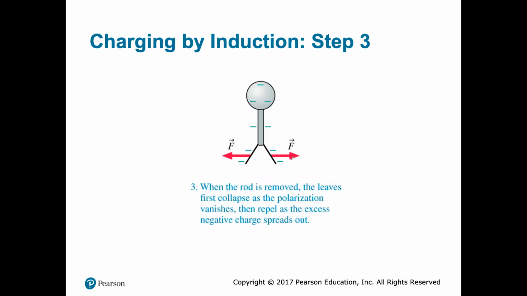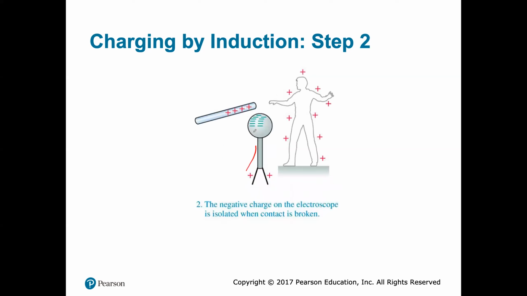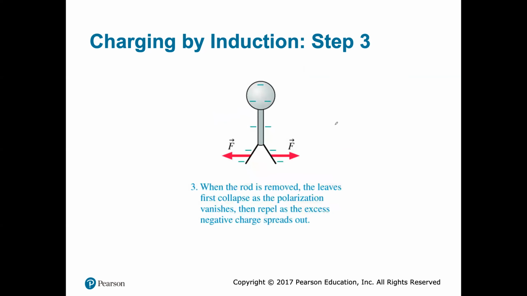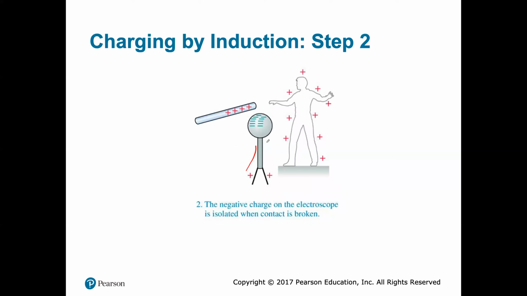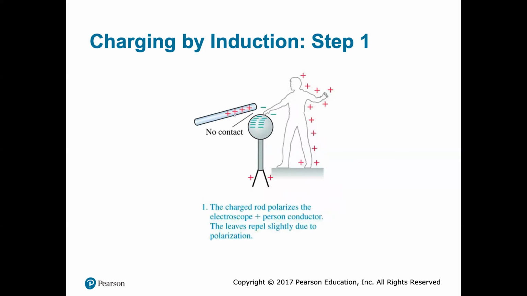And now if you take away all of the external devices like the rod and the human body, the whole device is charged by negative charges. So that's an interesting experiment. The positively charged rod attracted the electrons from the human body and the electroscope.